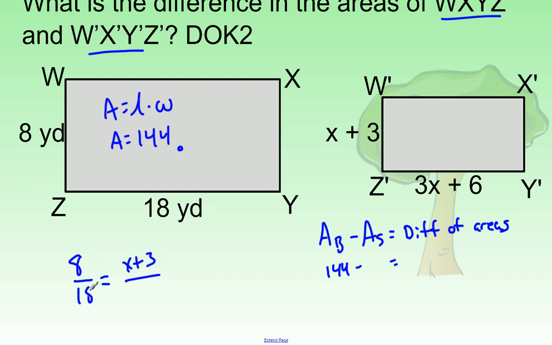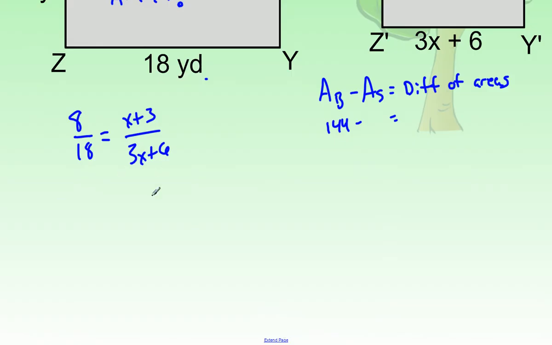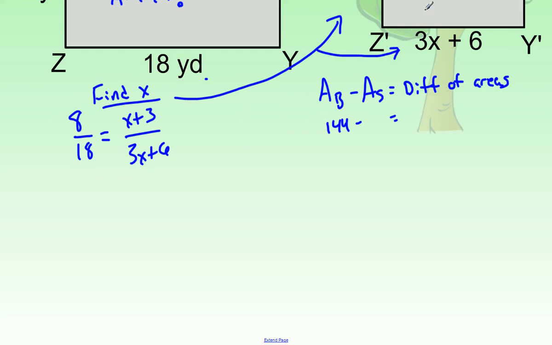The 18 corresponds to the 3x plus 6. If I solve this, I get the x. I then use the x to plug it in up there and there to find the lengths of the sides, which I can then use to find the area of the rectangle, which I plug in here. That's the step-by-step of my plan of attack.